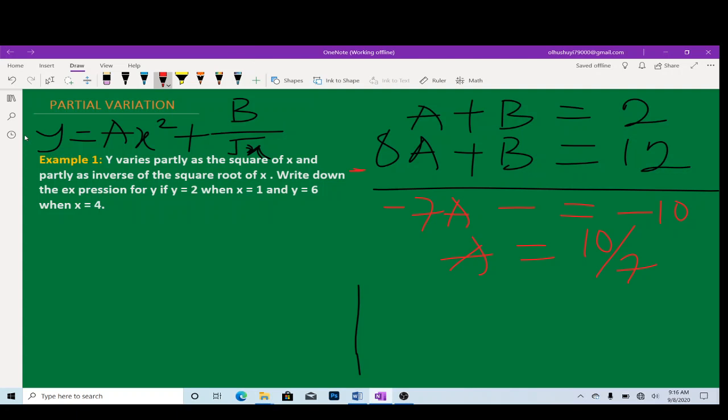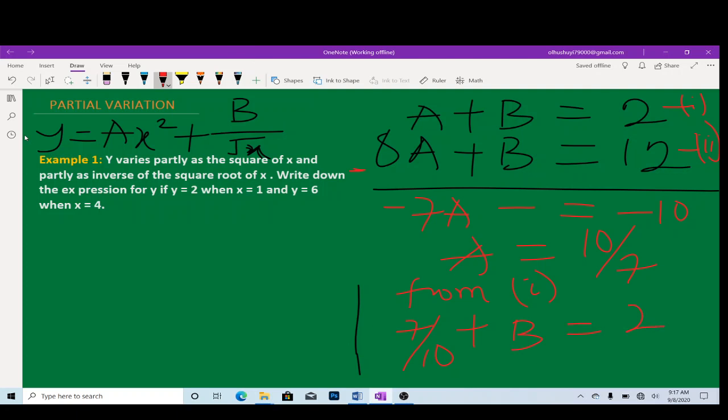Just get b from any of the two equations. Since your a is already 10 upon 7, from equation 1, this is 1, this is 2, you can say a plus b, instead of writing a, you have 10 upon 7 plus b can be equal to 2.